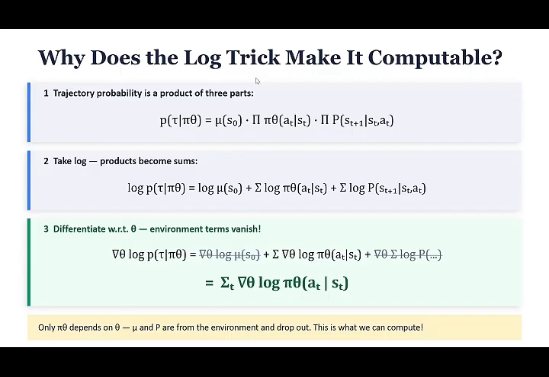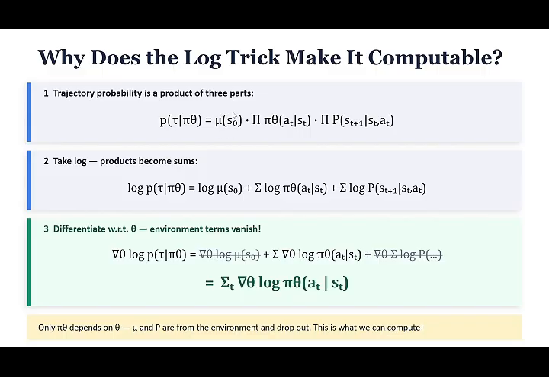And how does this log trick make it computable? We can see this trajectory probability is a product of three parts: μ(s0), the policy π_θ(a_t | s_t), and the transition probability p(s_{t+1} | s_t, a_t).